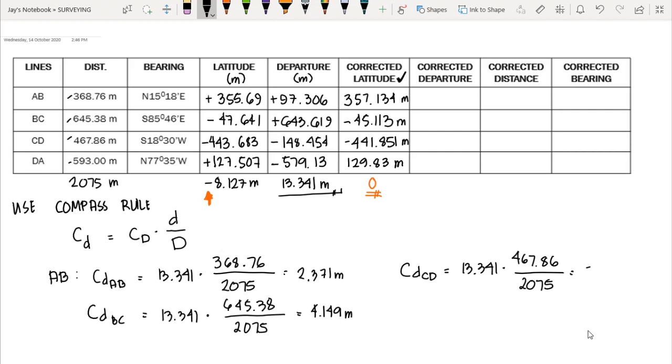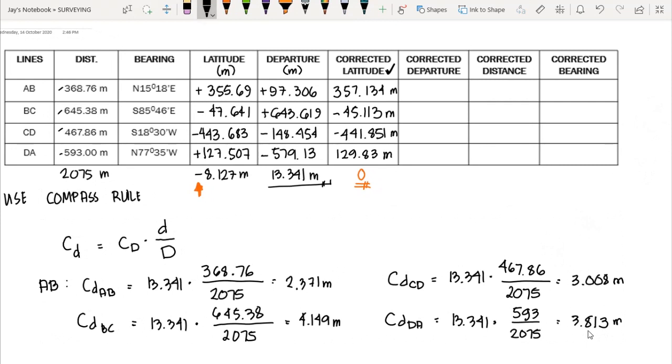This is equal to 3.008 meters. Now for the departure of DA, we have 13.341 times the distance of DA, 593, over 2075. This gives us the value 3.813 meters. So these are now the corrections of the departure.